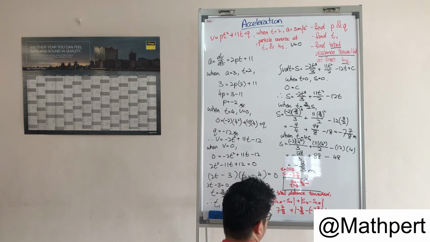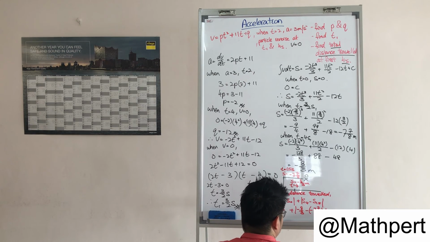And what we got here, this will become minus 8 over 3 plus 7 and 7 over 8, we get 7 and 7 over 8 plus 5 and 5 over 24.